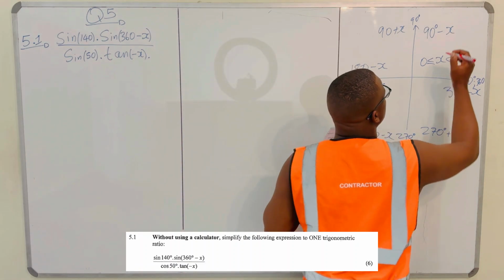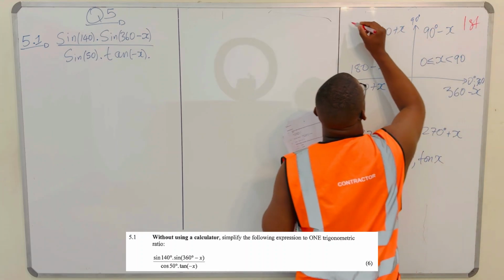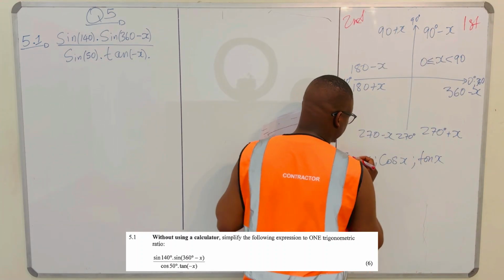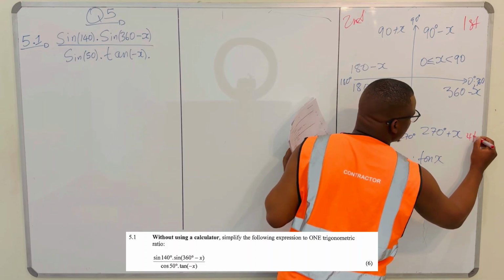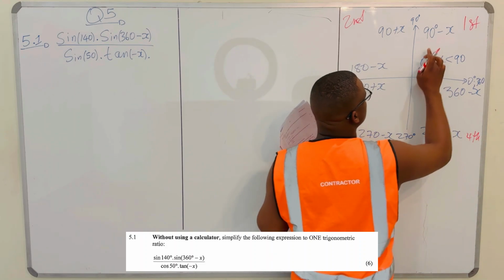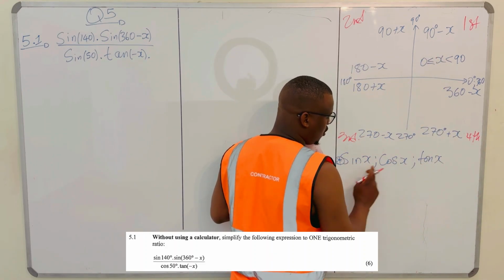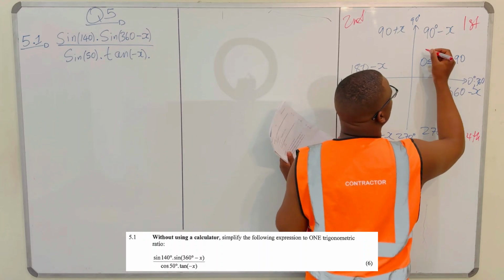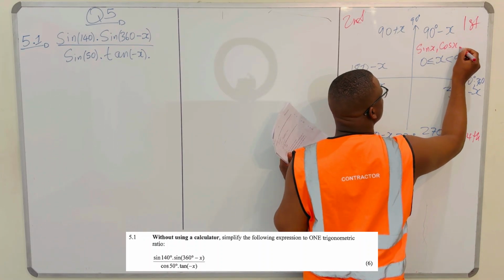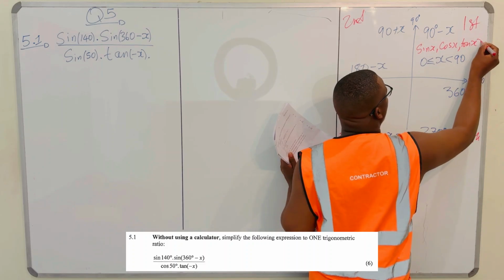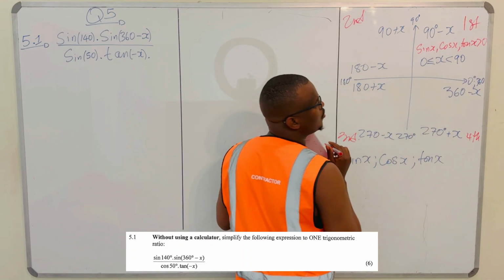This is the first quadrant, this is the second quadrant, this is the third quadrant, and this is the fourth quadrant. On the first quadrant, all three functions are positive. So sine x, cos x, and tangent of x are all greater than 0.